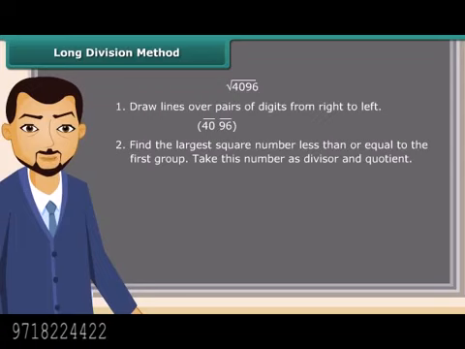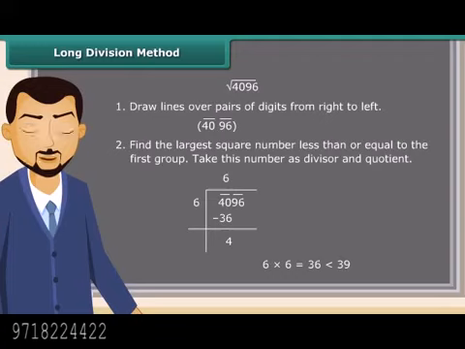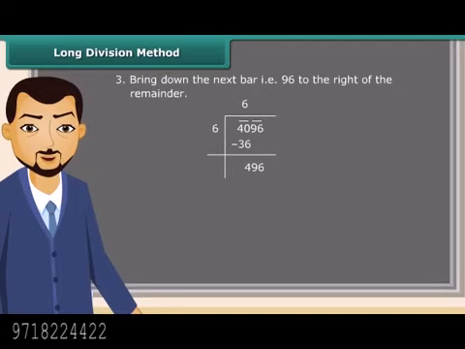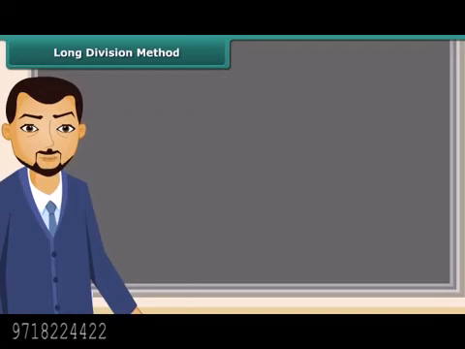That is 40. Since 36 is less than 40, so we take 6 as the divisor and 6 as the quotient. Now subtract 36 from 39. After that, bring down the next bar, that is 96, to the right of the remainder. Now double the divisor.